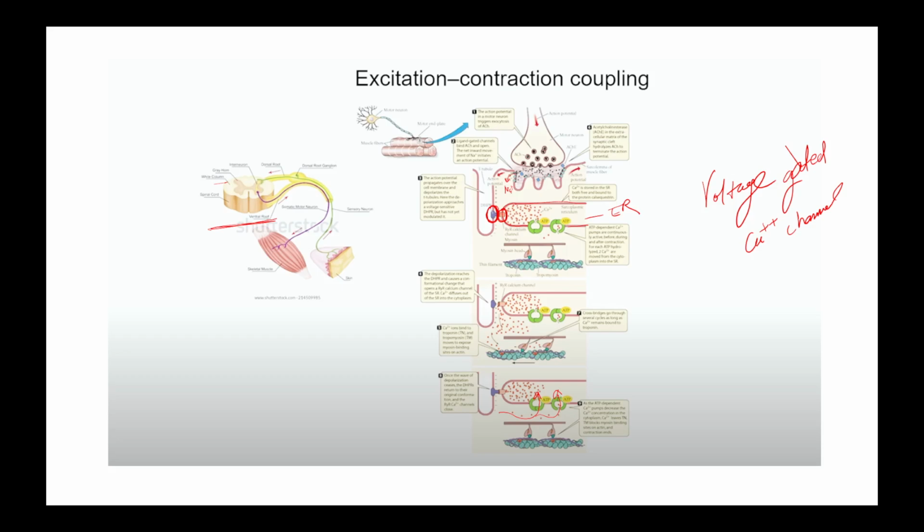It sends the signal in the form of the motor neuron and releases the neurotransmitter, and with the help of the neurotransmitter the polarization changes the conformation that causes the release of the calcium ion. Because of the calcium ion presence only, the actin myosin binding takes place, and due to that the sliding movement of actin myosin occurs that causes the contraction of the muscle. So this is the entire excitation and contraction coupling pathway.